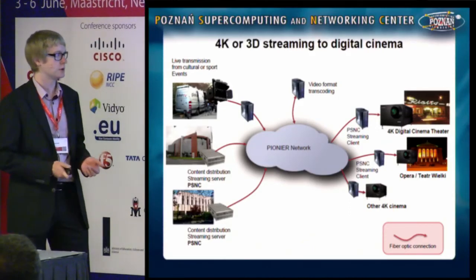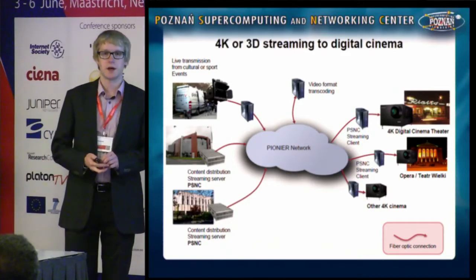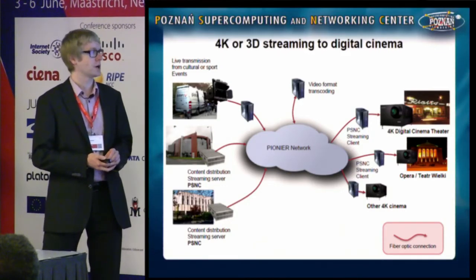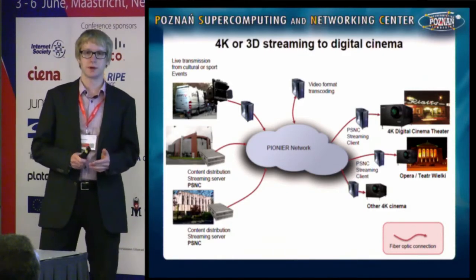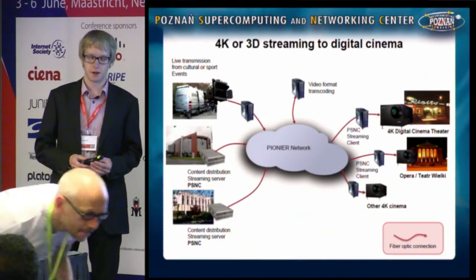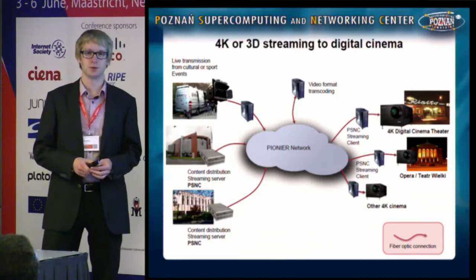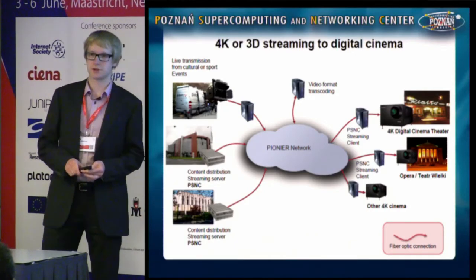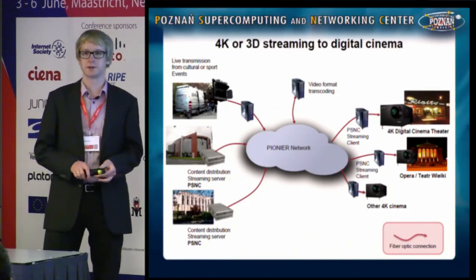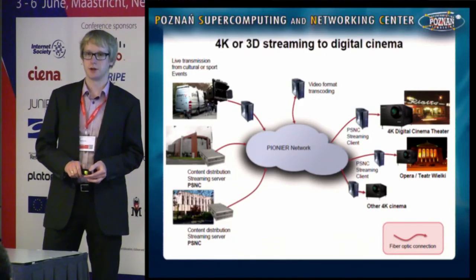A second important use case for us is interaction through streamings. For example, you can try here at Tirana to control a robotic arm that is in Poznań, 2,000 kilometers away, and you know that delay is a crucial parameter in such a use case.